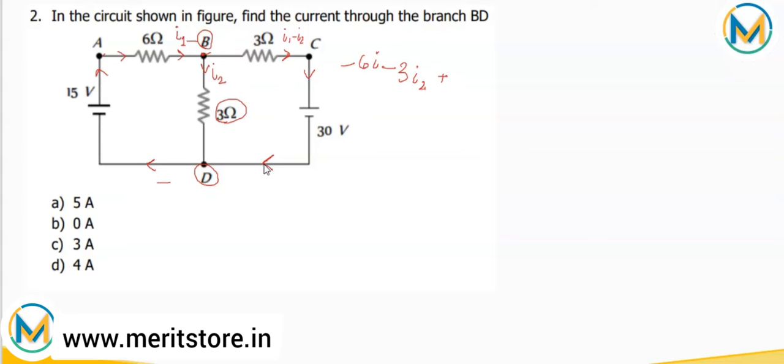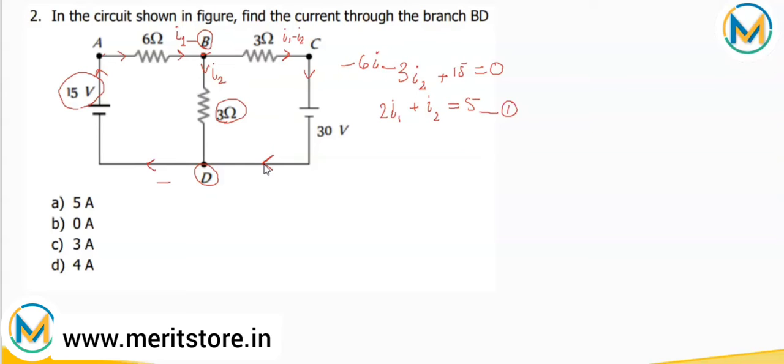Plus there is a 15 volt applied over here, so the sum equals 0. Taking the common factor 3, we get 2 I1 plus I2 equals 5.